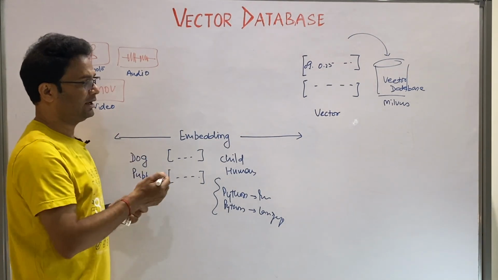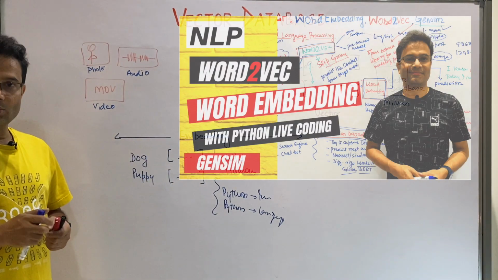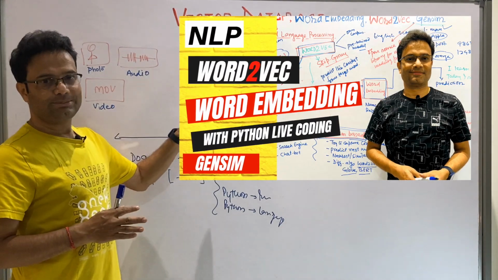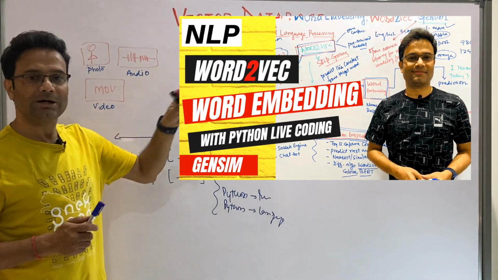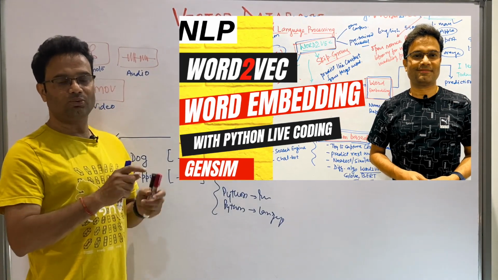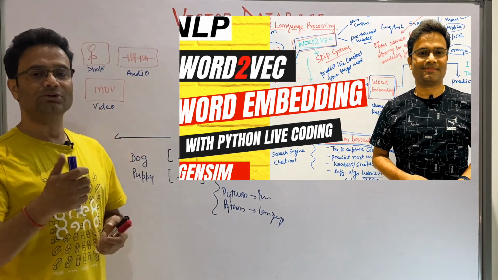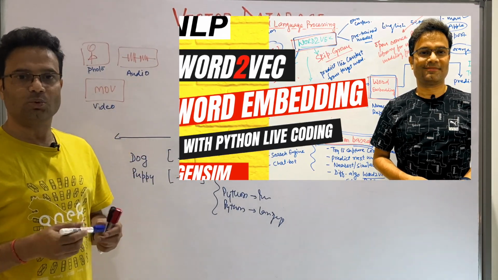How do those embeddings happen? I have created one video on vector embedding, word embedding. I would suggest you go and watch that video. It gives the complete information on how to do that, and in that video I have also given a hands-on session. I took some examples and converted them into word embeddings. So you should watch that video.